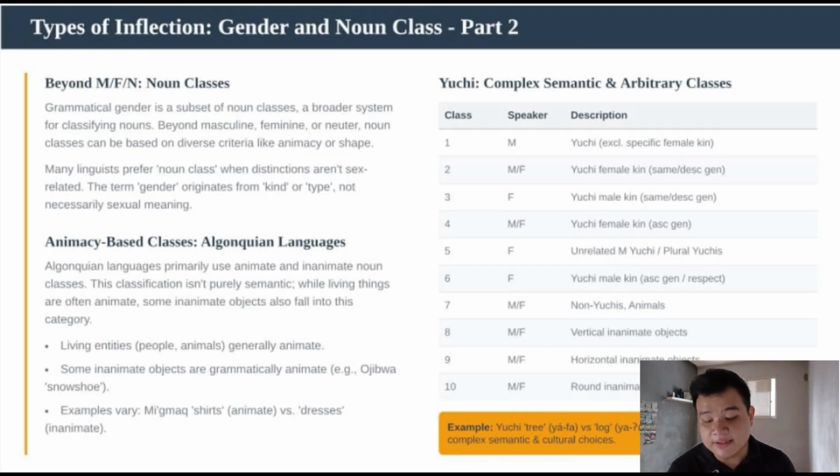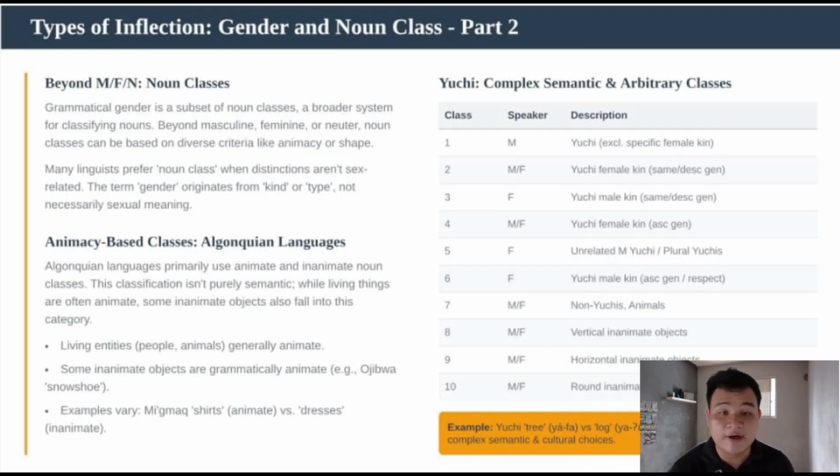Some non-living objects are treated as animate because in the culture or linguistic history of the speakers, those objects were viewed as important or active in some way. A classic example is in Ojibwa, where snowshoe is considered animate, even though it is an object. Meanwhile, many everyday objects remain inanimate.